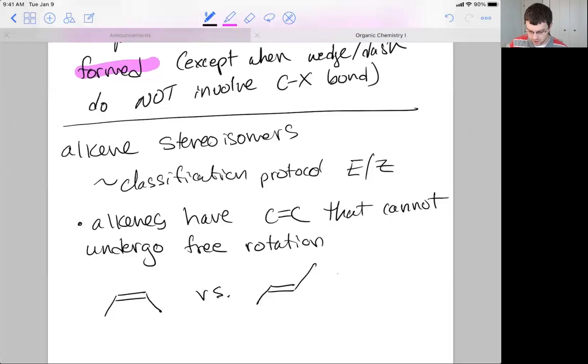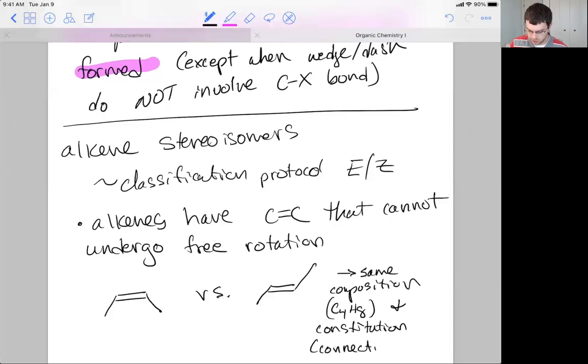So same composition, which is that they're both C4H8, I believe, and same constitution. The constitution implies our connectivity. If you recall, constitutional isomers are those with different connectivities. So we have the same composition, the same number and type of each element, and the same constitution, which is the same connectivity.